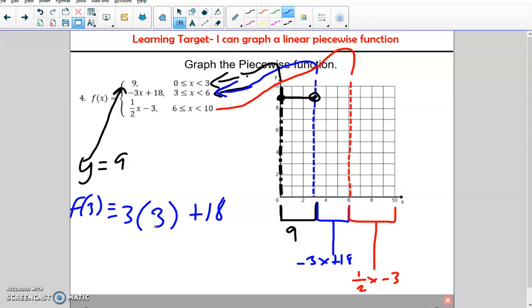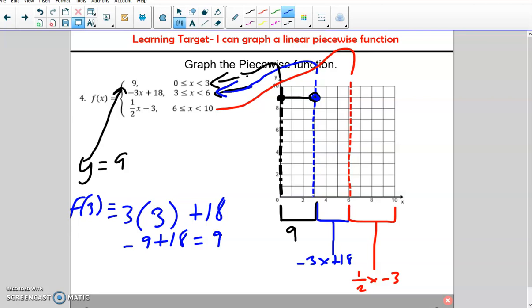Negative 3 times 3 is negative 9, plus 18, which gives me 9. So what's happening is that it's still equal to 9. It's a type of function that doesn't jump or do anything strange. It just stays at that 9, and it's going to start at that 9. So for the blue part, I can fill in that open circle.